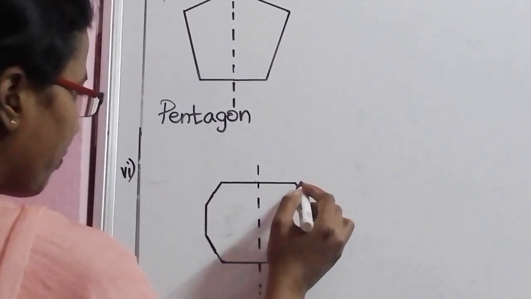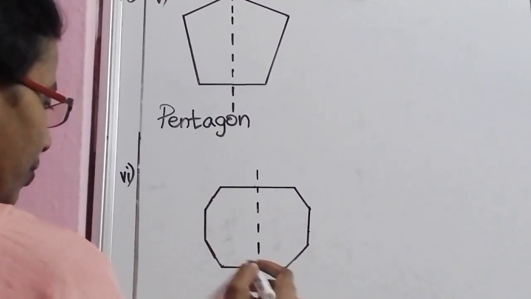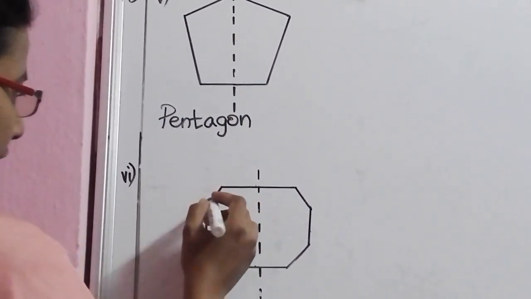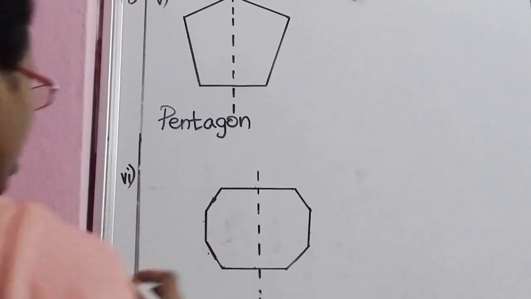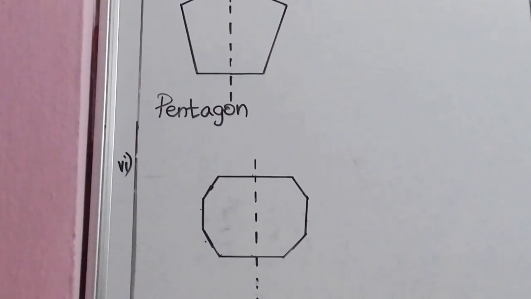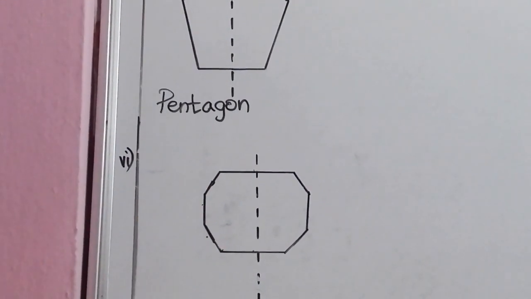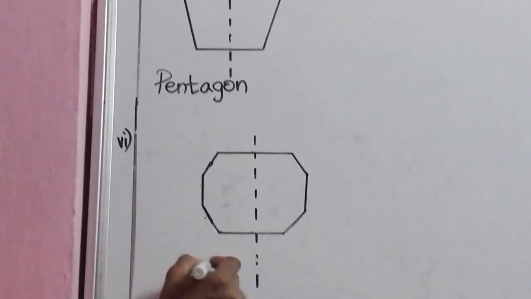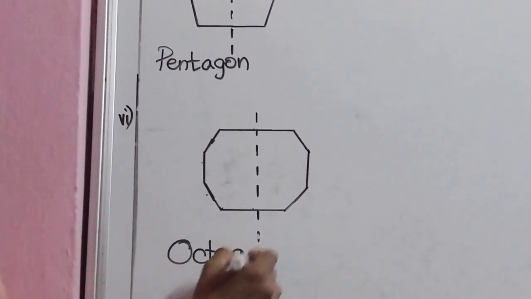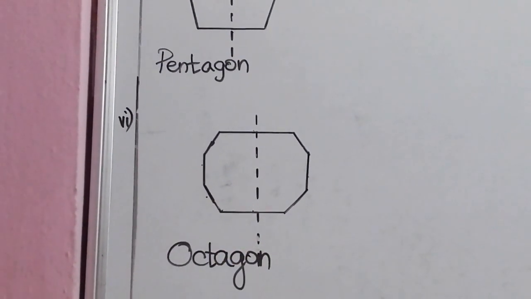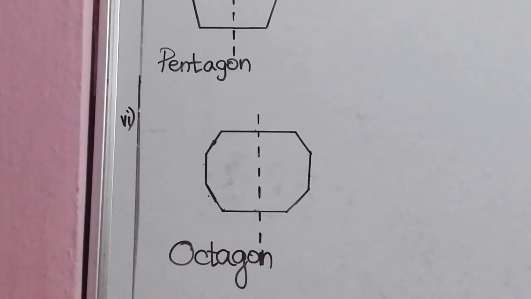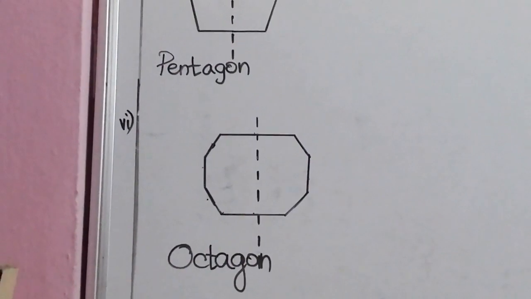Let's count. 1, 2, 3, 4, 5, 6, 7, 8. 8-sided figure. What is it called? Very good. It's an octagon. Understood this part? Complete in your class workbooks, children.